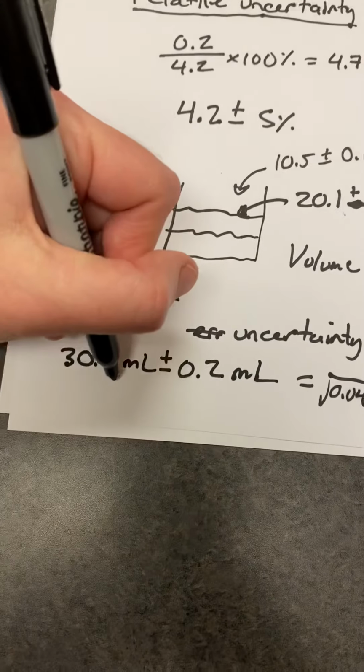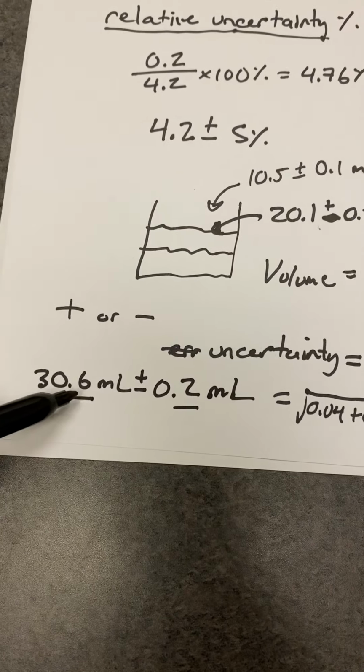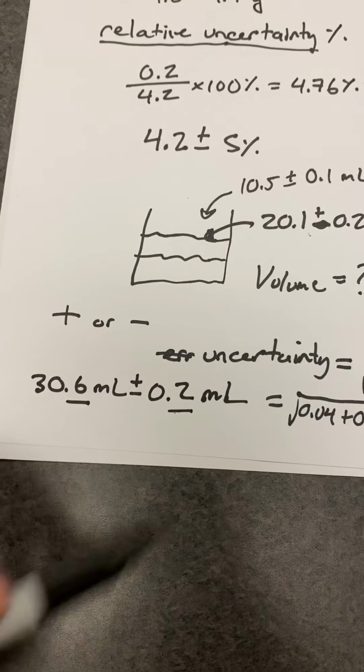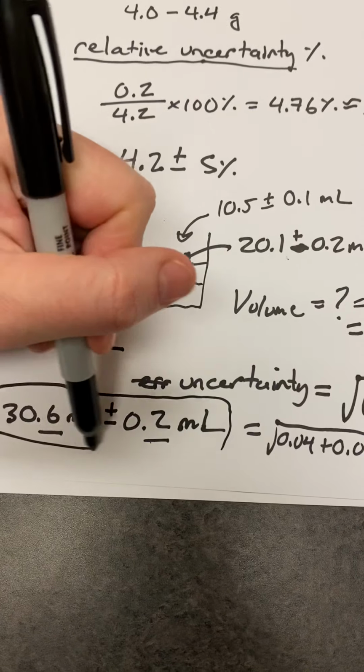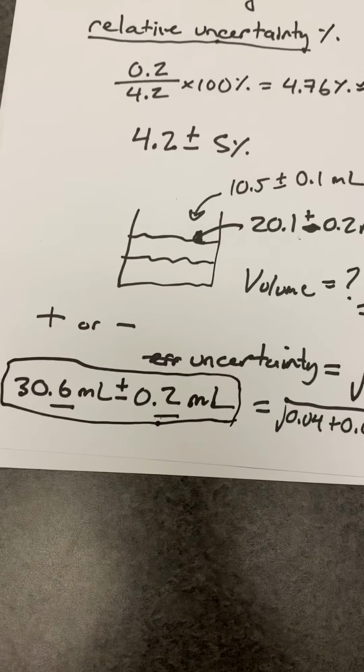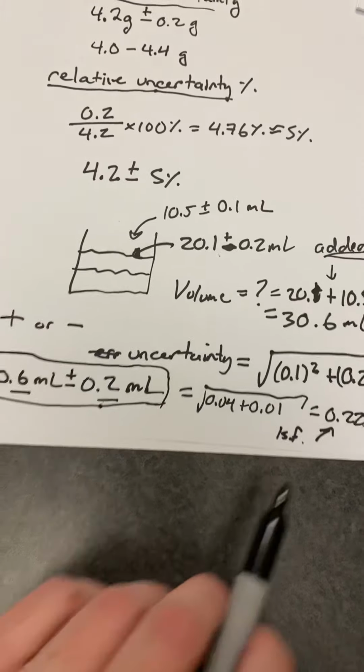Another important thing is you want these places to match. So this is the tenths place. You also want that to be to the tenths place as well, especially when you're expressing uncertainty. And that would be your answer for when you add and subtract. This is the process that you go through. Let's move on to another example.